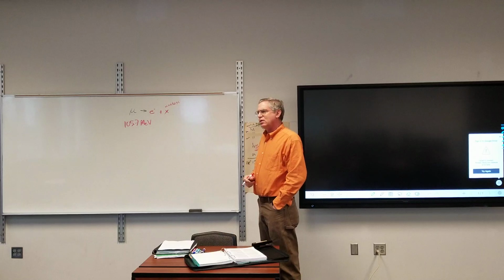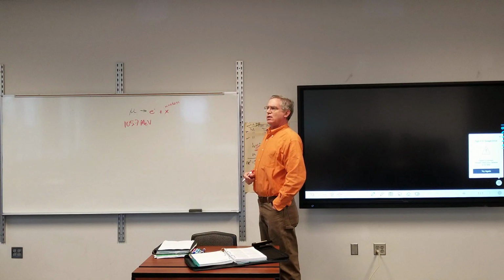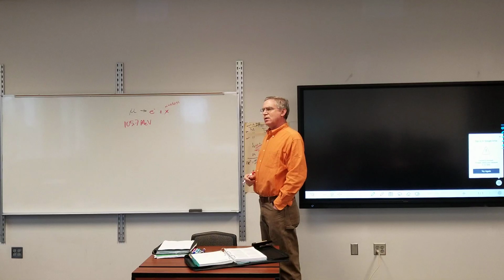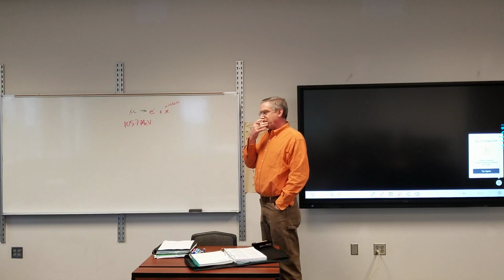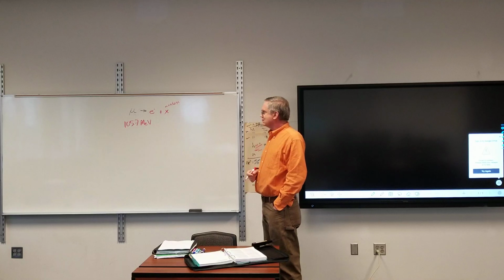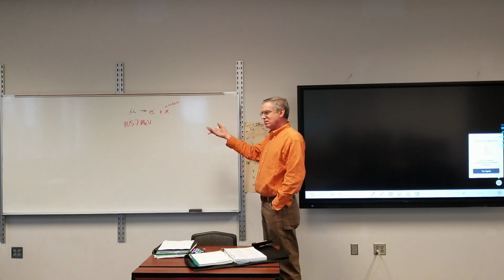In the solution, it just says m sub naught divided by m equals like 206 something, and I just don't know how they got that. Come on, 206. Obviously.